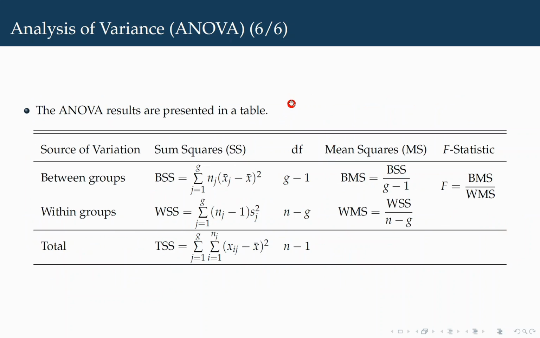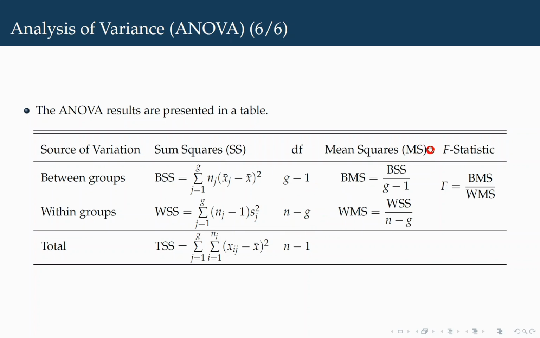So the results of the analysis of variance are presented in a table form. Source of variation: the variation due to the groups, and the variation within the groups. For the sum squares, you will have between sum squares and within sum squares. The degrees of freedom for the between sum squares is g minus 1, and for the within sum squares, the degrees of freedom is n minus g.